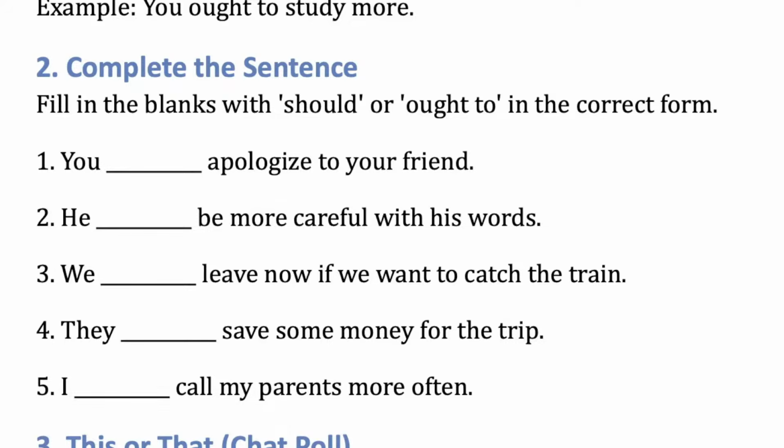Maybe there's a hotel, maybe there's an airplane, or if you're going to drive, that's gas money, that's hotel money. You're going to eat out, right? Because you're not home, you're on a trip, so you're going to go to a restaurant, so that's going to be more expensive. And so you ought to save money, right? Because trips are not free. Yeah, good. Ought to for number 4.